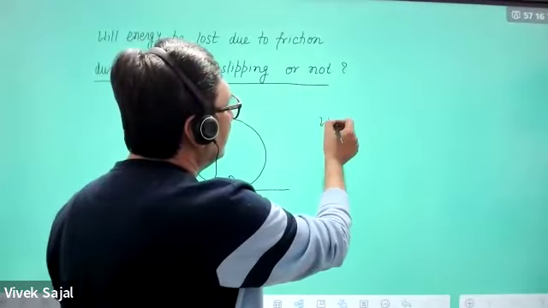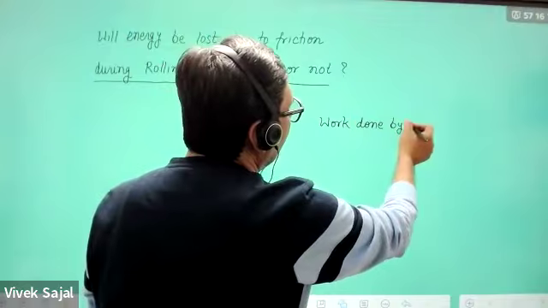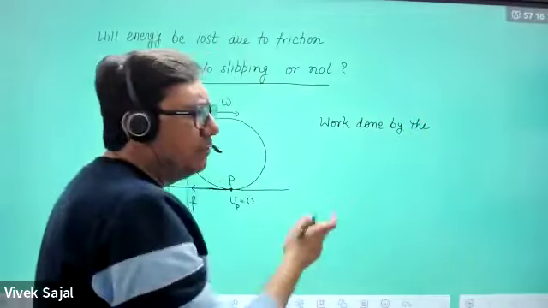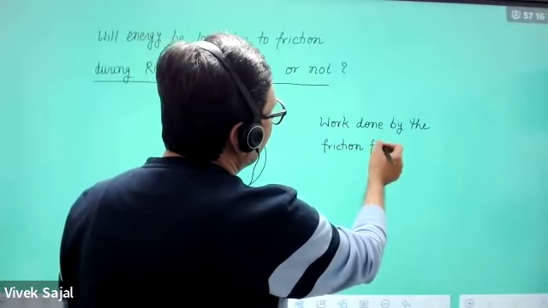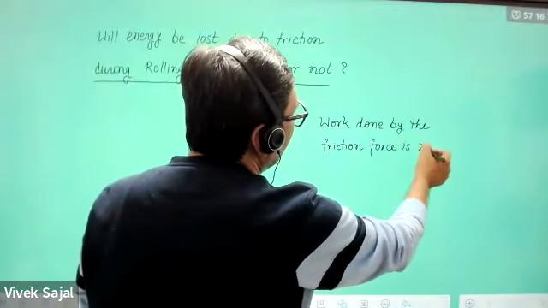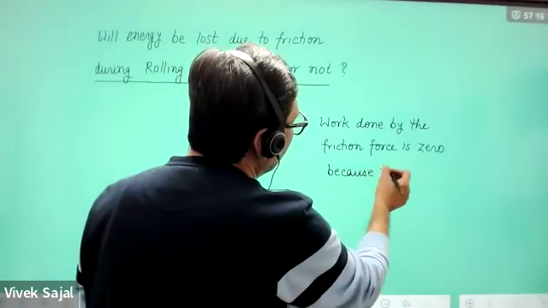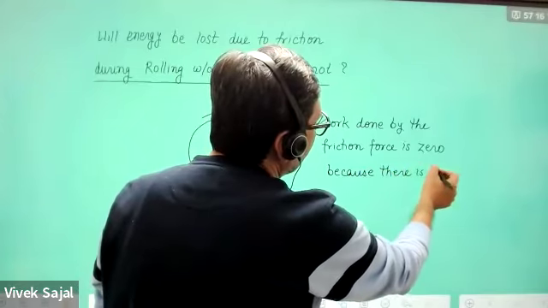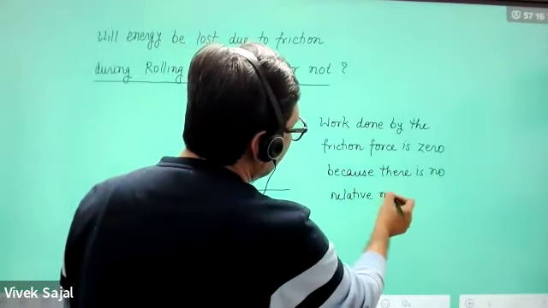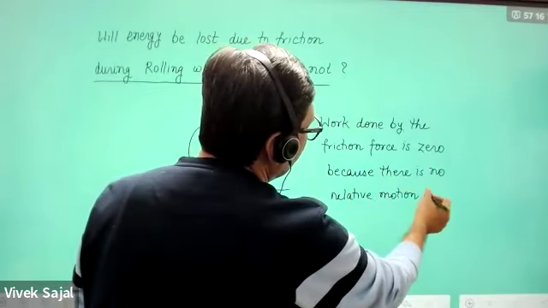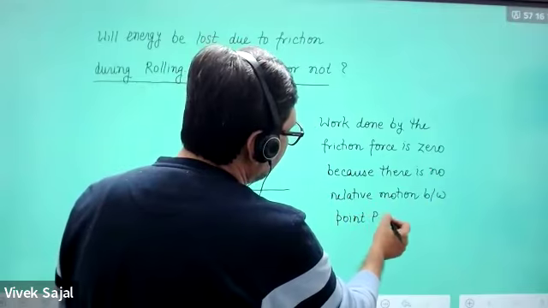Work done by the friction force is 0 because there is no relative motion between point P and the surface.